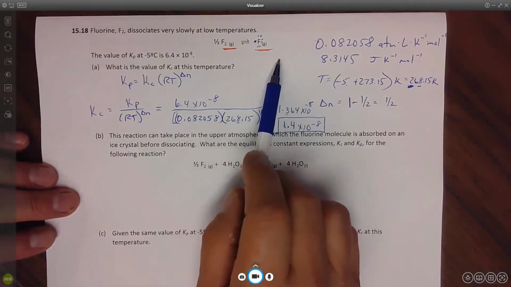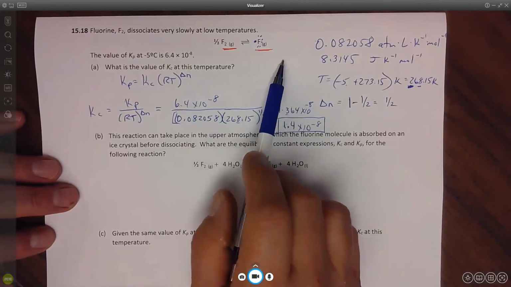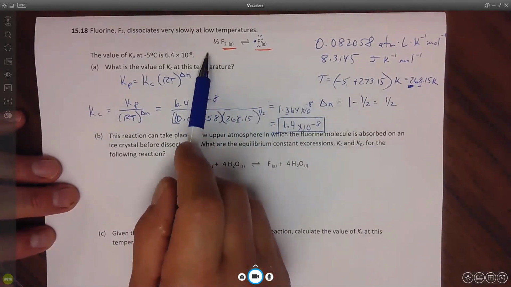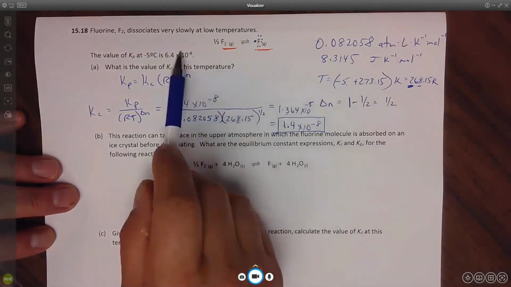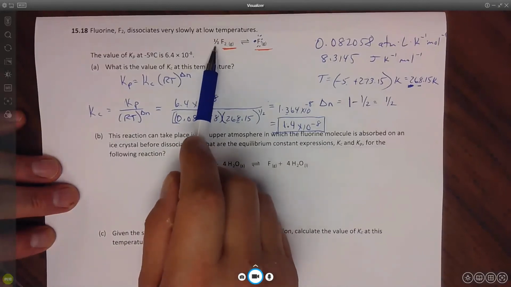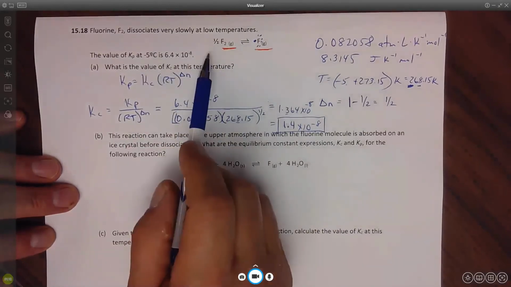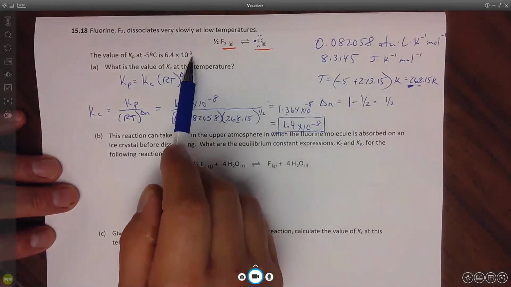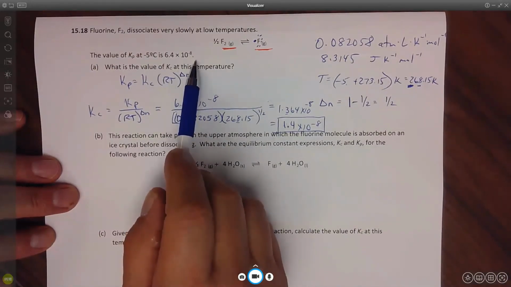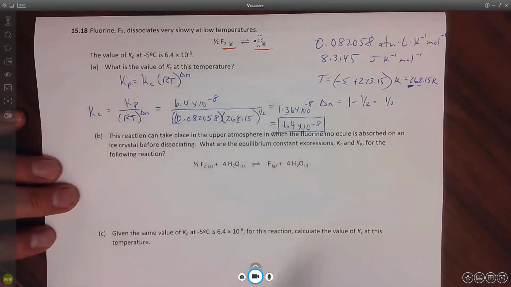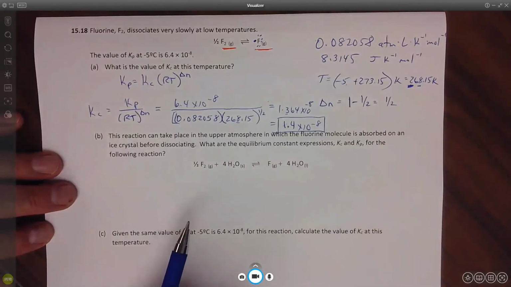That would be the number of moles of product gas. Then you're going to subtract from that the total moles of reactant gas. So again, in this case, there's only one, but if there were 2 or 5 reactants and they were all gaseous, you'd have to add up all of those coefficients, again, just for the gaseous species. Okay, any questions about that?